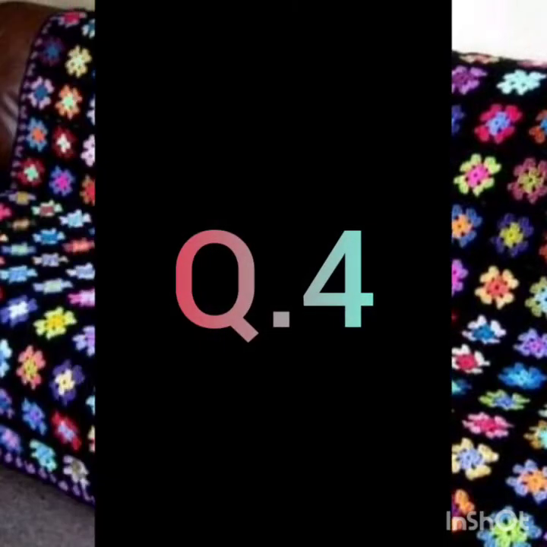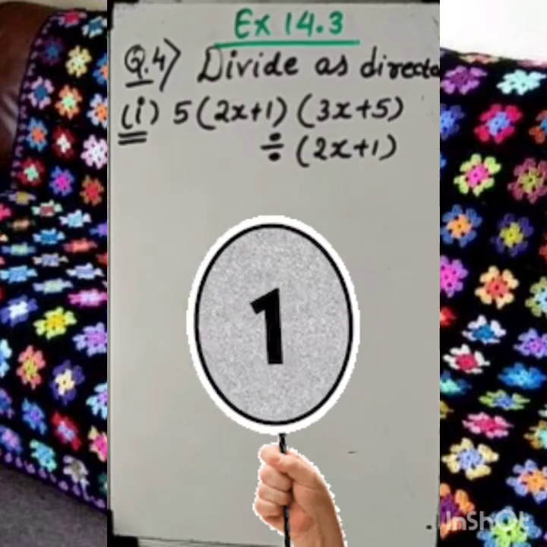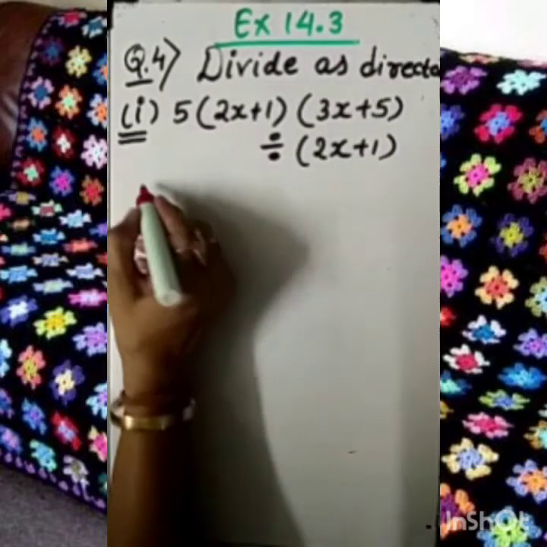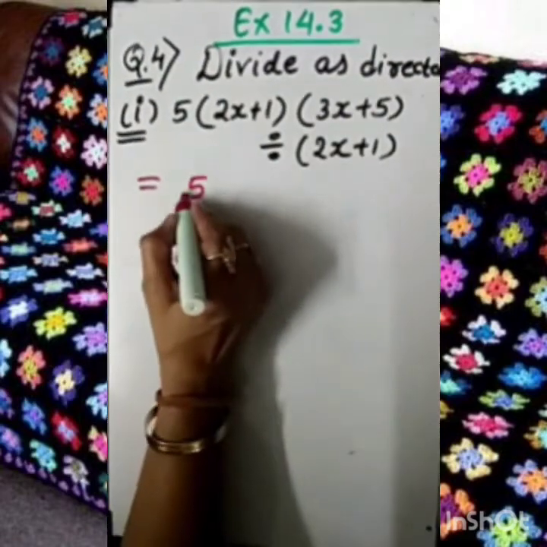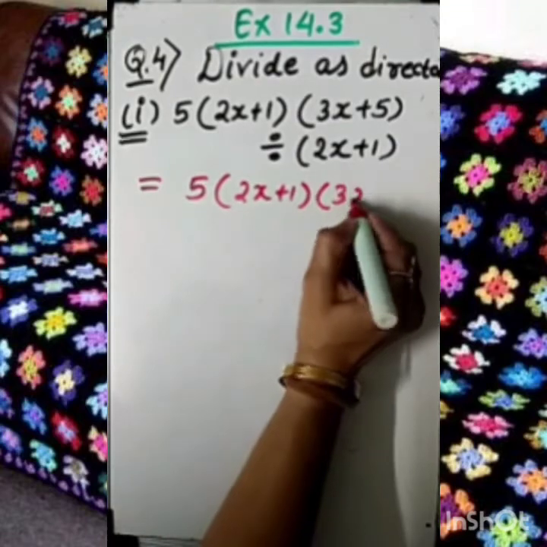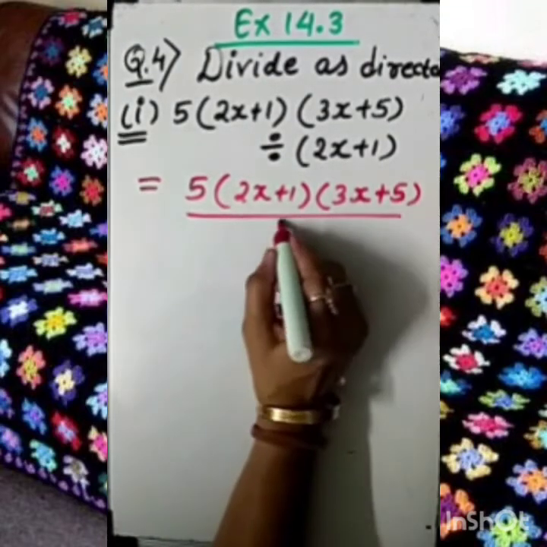So question number 4 now. Divide as directed. First one is 5(3x plus 1)(3x plus 5) divided by (2x plus 1). So, dear student, whatever we are given, we mention in the numerator, and what we are going to divide with, we mention as the denominator.